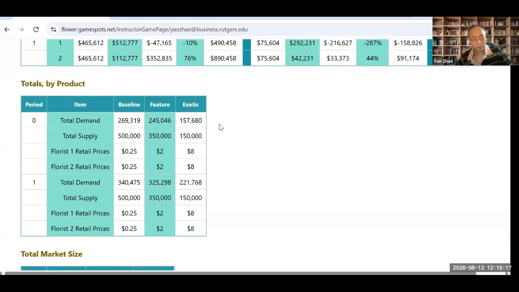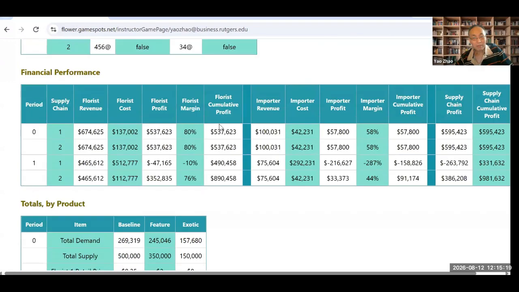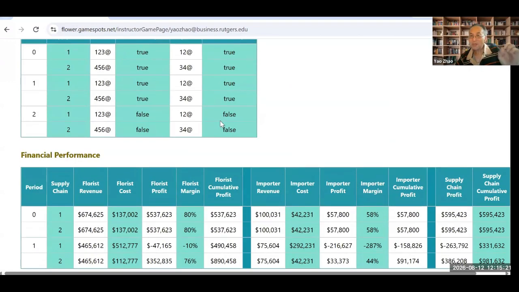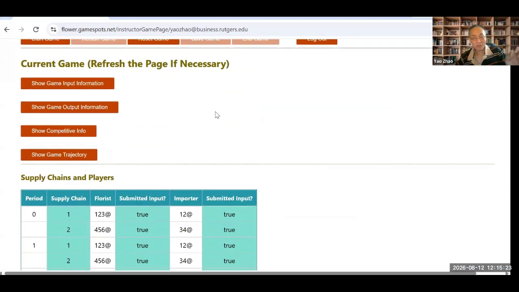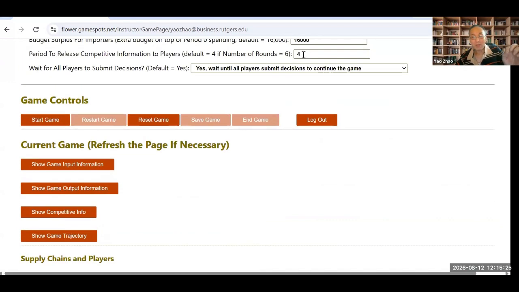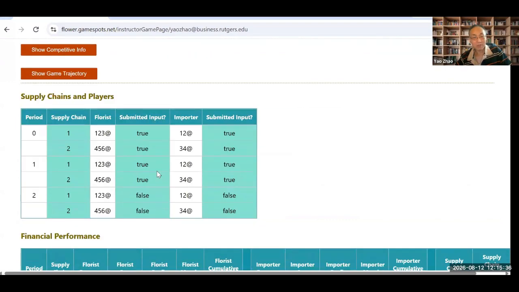Now they see the full detail for themselves. One interesting thing here is the competitive information. After certain rounds, they will be able to see the competitive information of other competitors or other players.